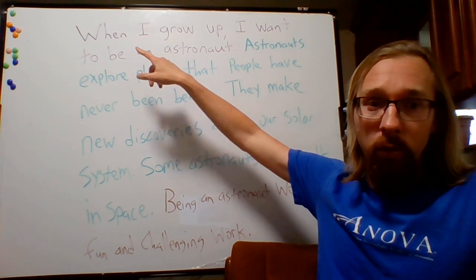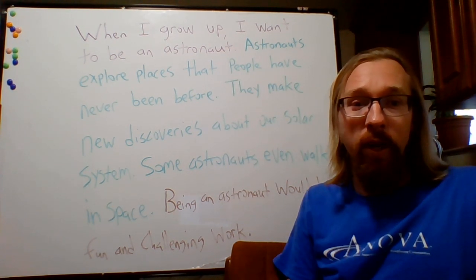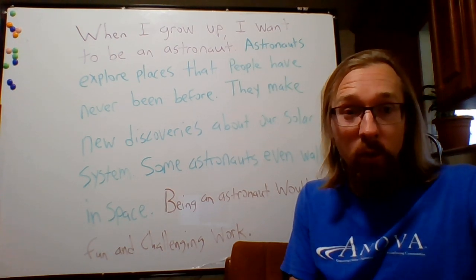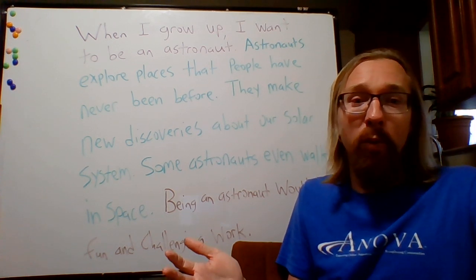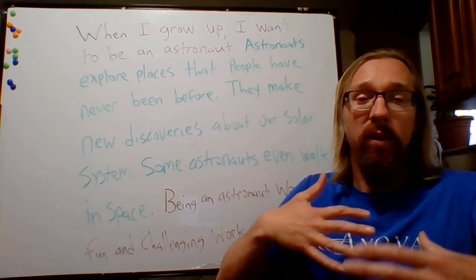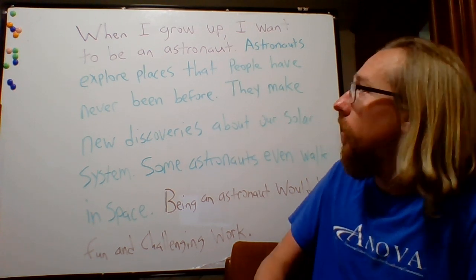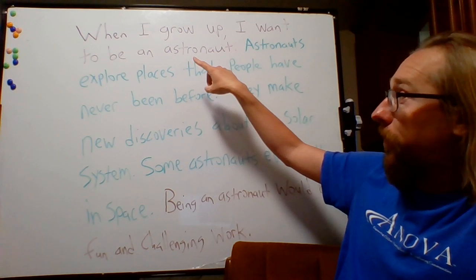And your starter sentence will be related to whatever topic you chose yesterday. Now, I've provided some starter sentences that you can use. You can just copy and paste the starter sentence onto your essay, or you can come up with your own. But your starter sentence introduces what you'll be talking about in your essay. So the person says, when I grow up, I want to be an astronaut.